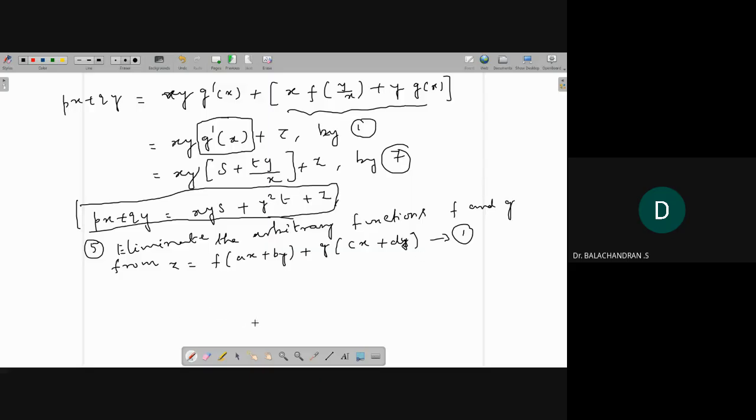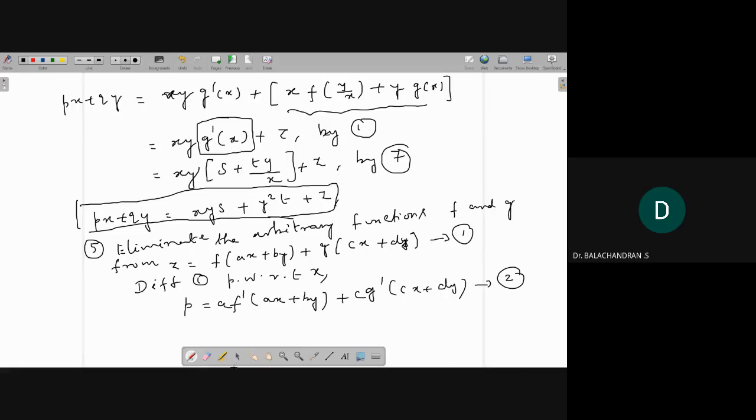So anyone tell if you differentiate equation 1 partially with respect to x, please tell. p equal to f dash of ax plus by into a, plus g dash of cx plus dy into c. Okay. Thank you. This is equation 2.